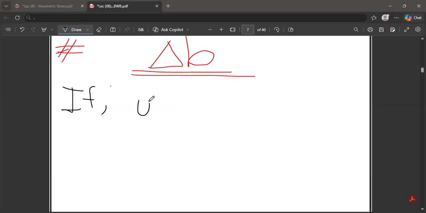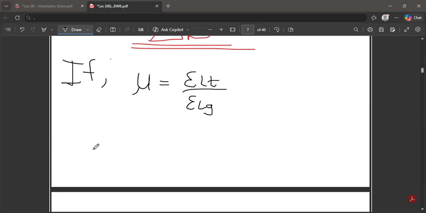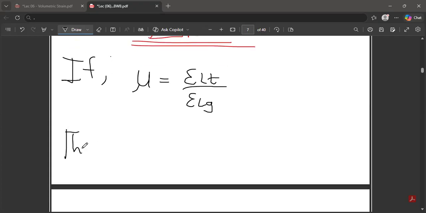If our Poisson ratio is equal to the lateral strain over the longitudinal strain, then if you do cross multiplication and make this the subject, our lateral strain is equal to our Poisson ratio times the longitudinal strain.